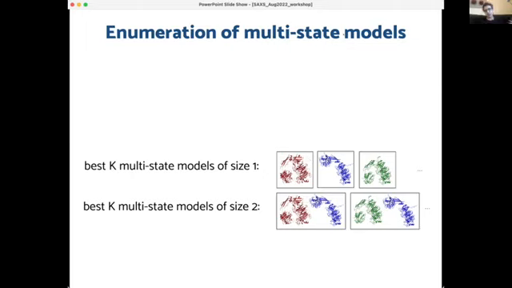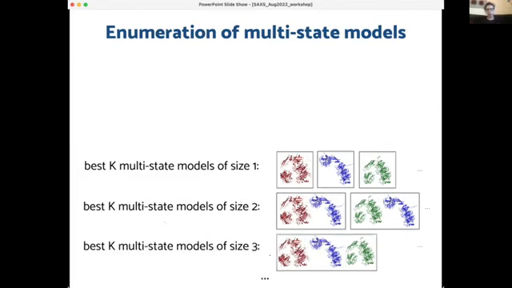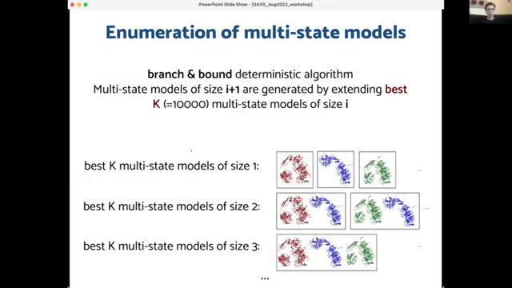So we will only keep, let's say, 10,000 best scoring ones based on chi-square fit to data. And we will extend them to multi-state models of size 3. Again, keep the best scoring ones and so on. So this approach is called branch and bound, extend and then keep the best scoring ones. And we continue that until chi-square can no longer be improved.